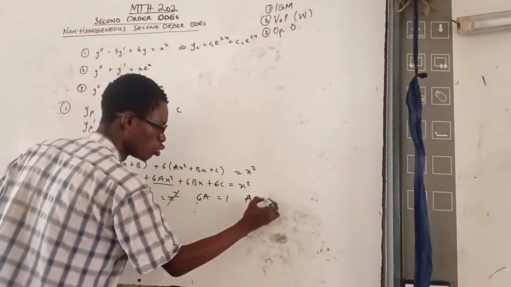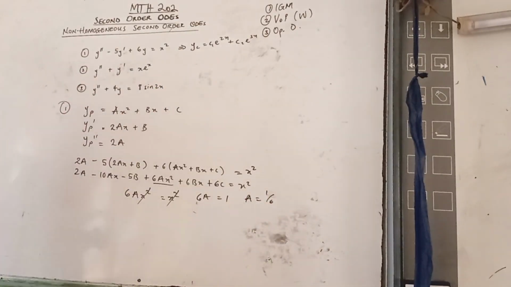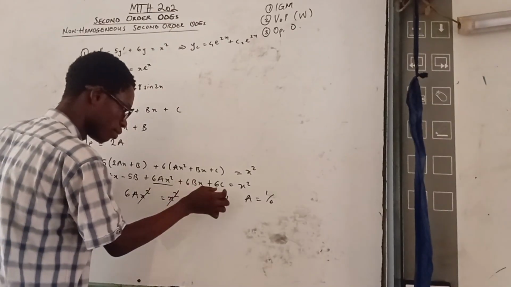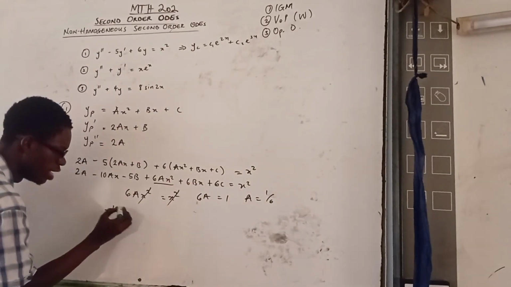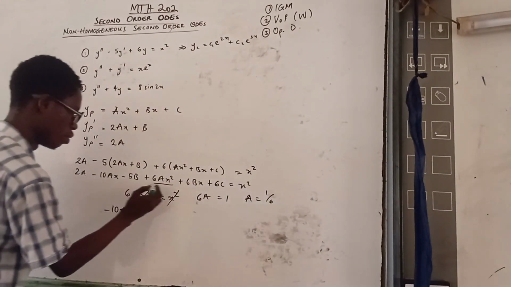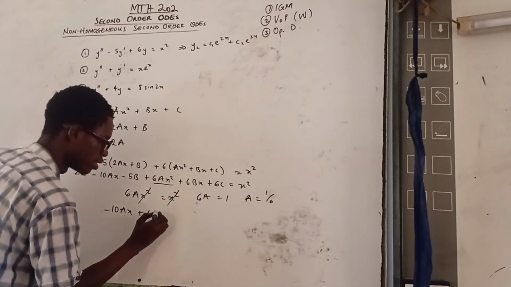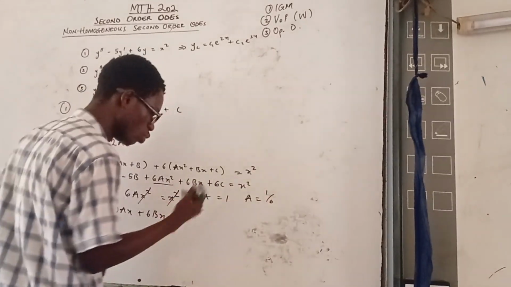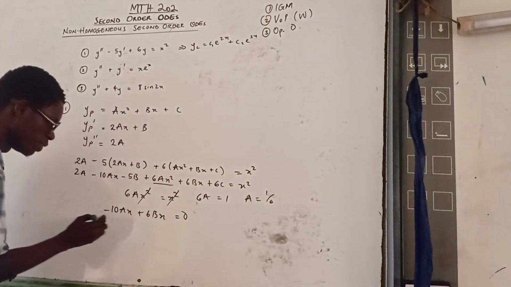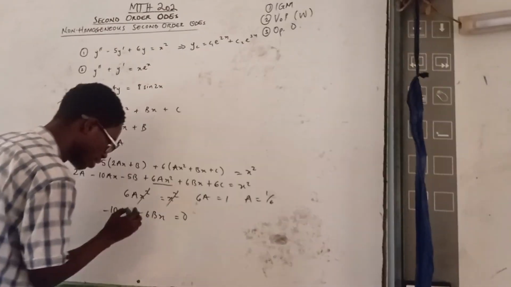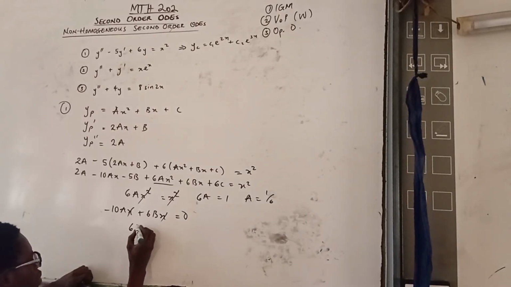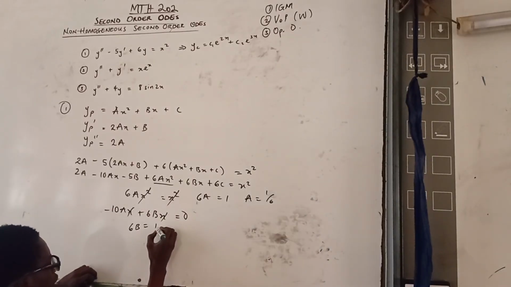It means my a equals what? 1 over 6. I've got a. So what next? I compare the ones that have x. Minus 10ax plus 6bx. There's no function of x on the right anymore, which means it's equal to 0. So I can cancel out x. This means 6b equals, if this comes to the other side, it becomes 10a.